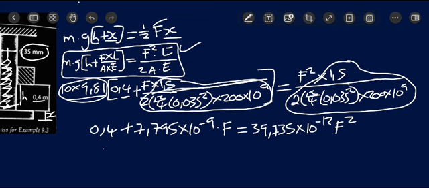How can you go about this? I can take this to the other side.